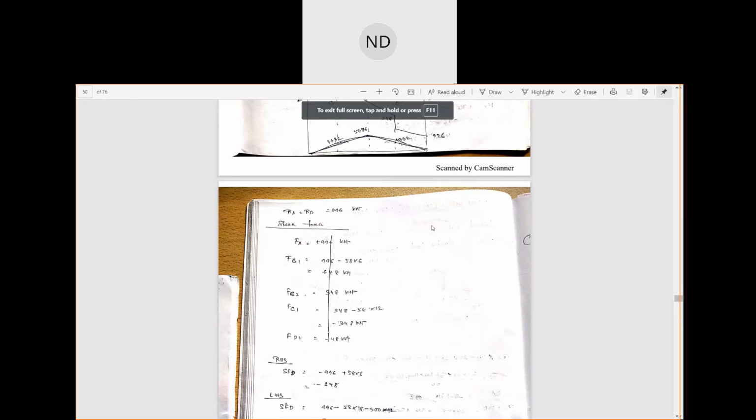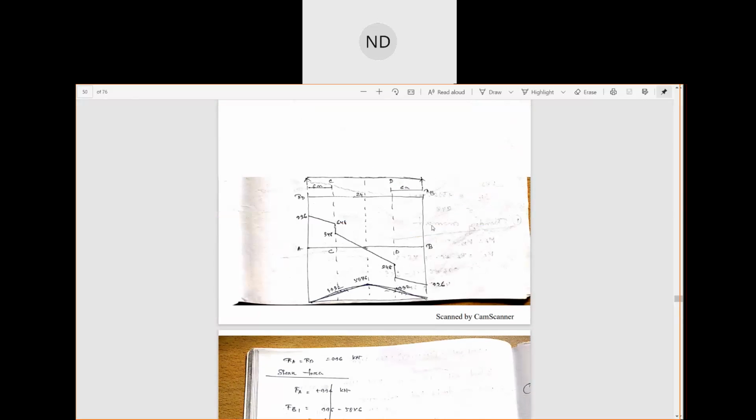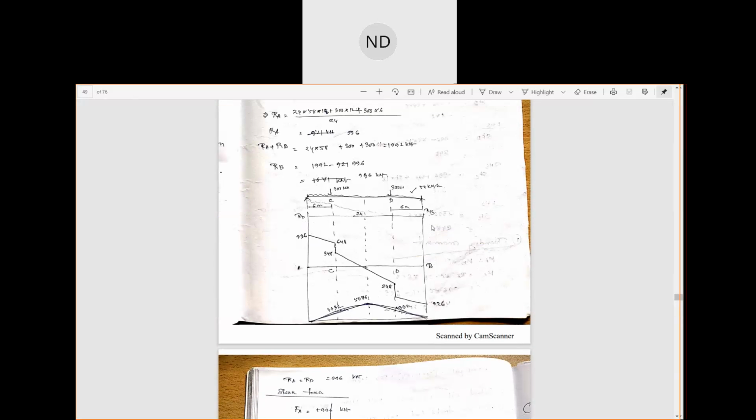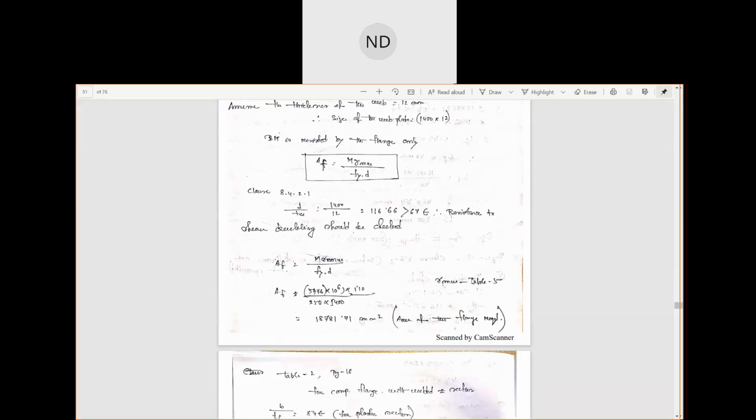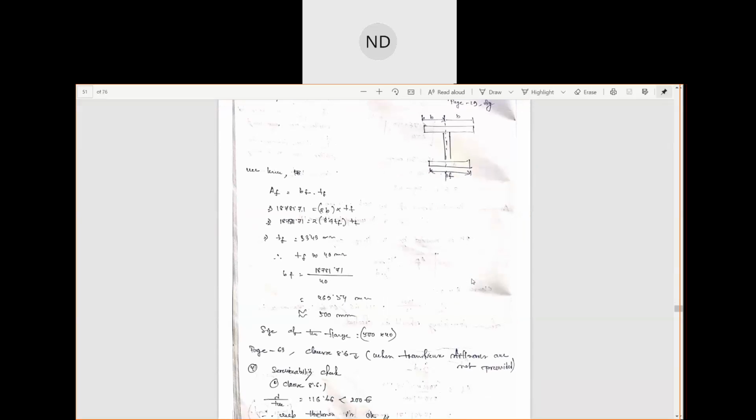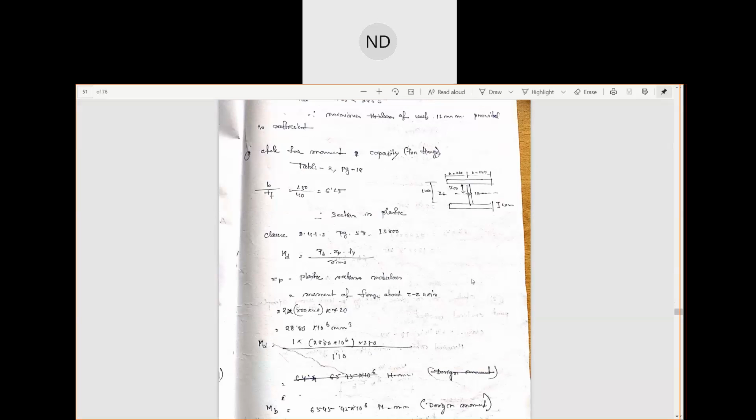Triggering the big girders, the bending moments and the shear forces over here. Section also we had done.